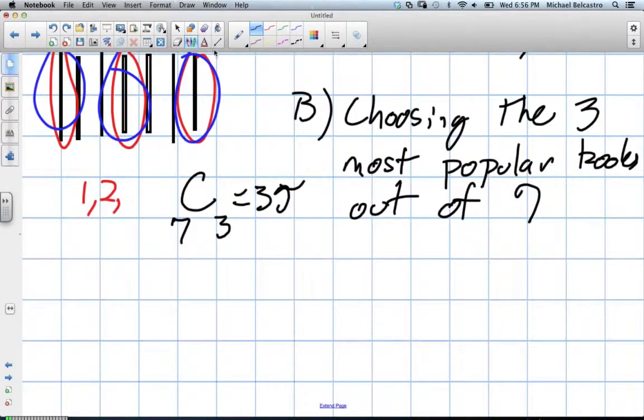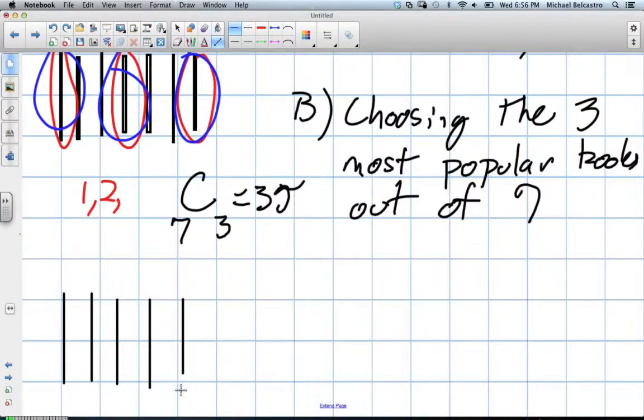Okay? But with that same idea, if we've taken 1, 2, 4, 5, 6, 7. Okay, 3 of the most popular books. Well, 3 of the most popular, and we should really specify ranging from 1, 2, and 3.